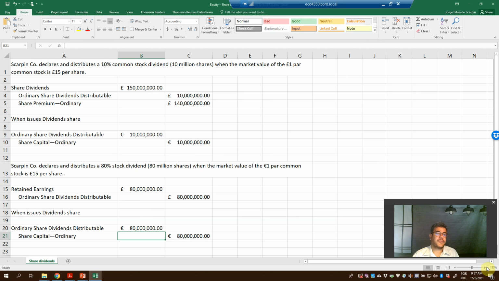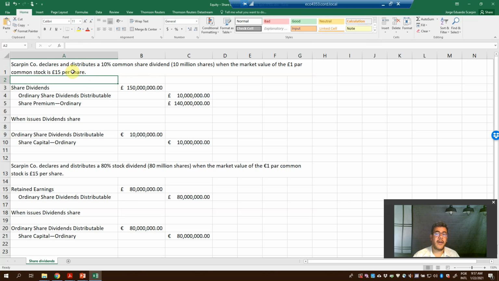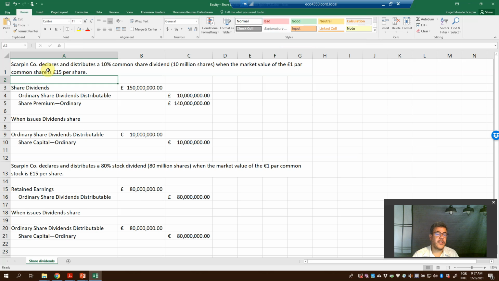So here, Skype Incorporation declares and distributes a 10% ordinary share dividend. Let's consider that my total shares are 100 million. Share dividend, when the market value is €1 per ordinary share, and the market value is $15 per share.